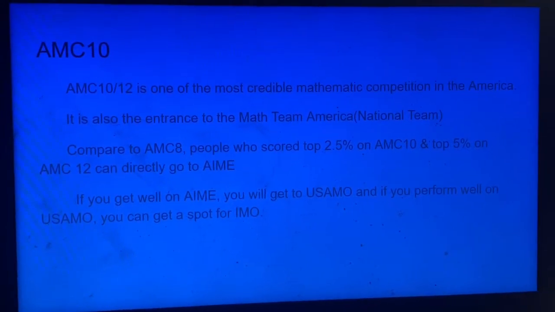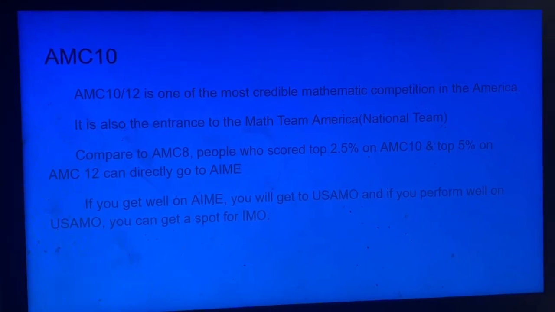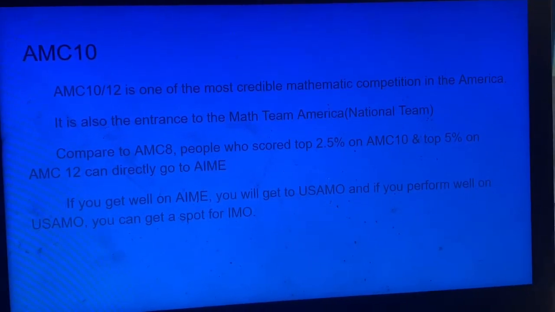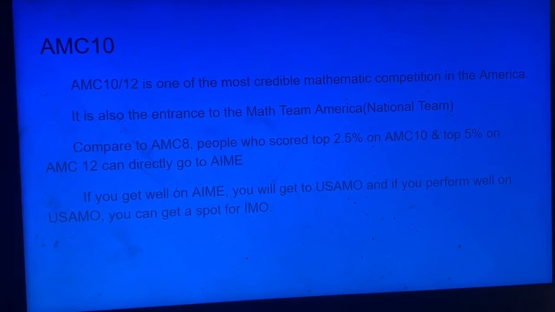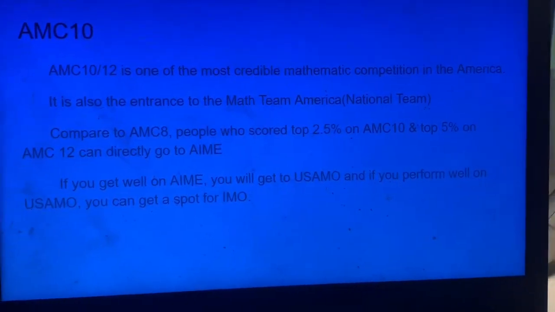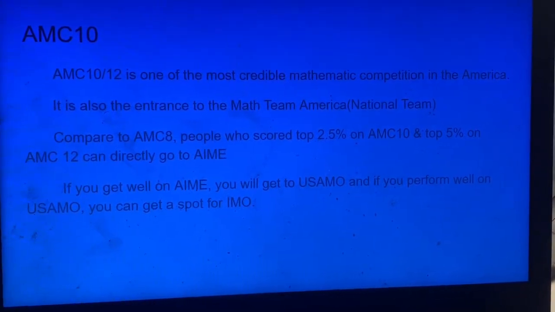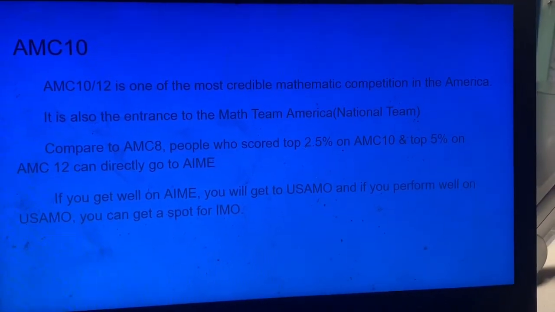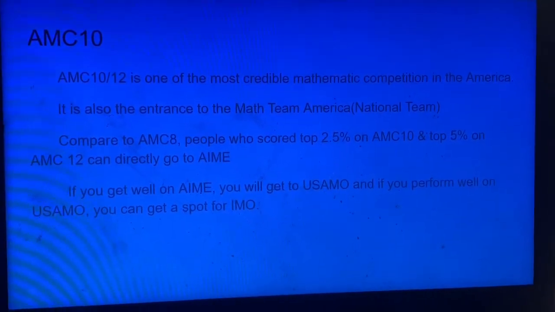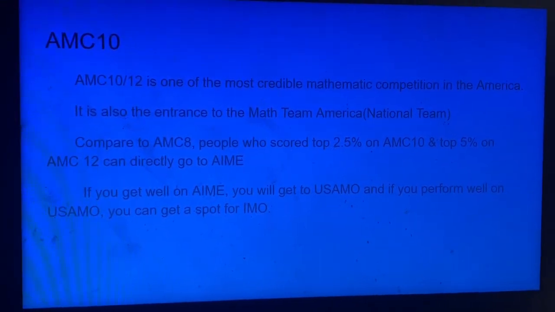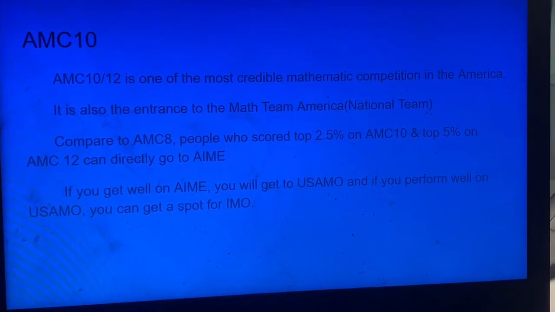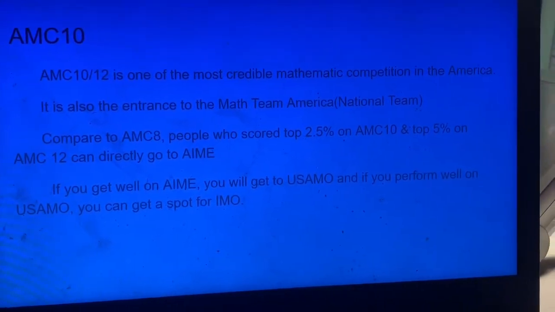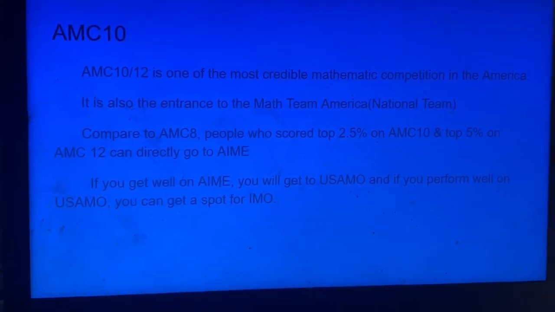The first one is AMC10. If you score in the top 2.5% on AMC10, or the top 5% on AMC12, you can directly go to AIME. And if you do well on AIME, you can get to USAMO. And if you perform well, I think possibly top 6 in USAMO, you can get a spot on the US Math Team National Team, which will participate in the International Mathematics Olympiad.